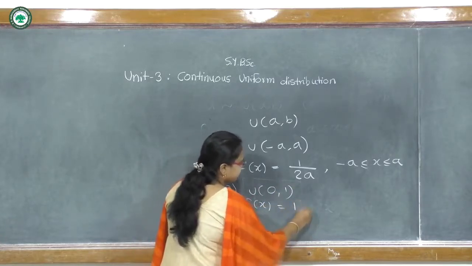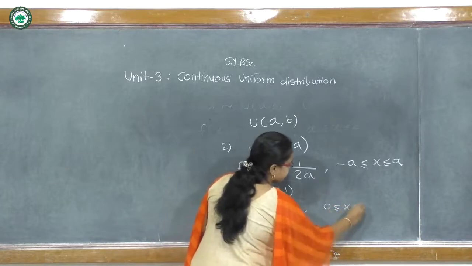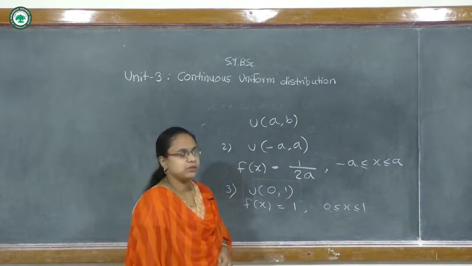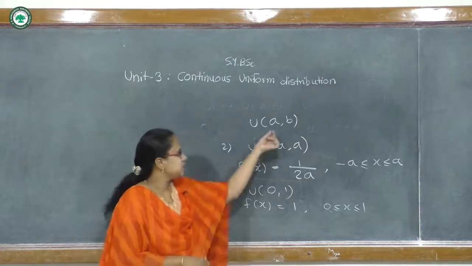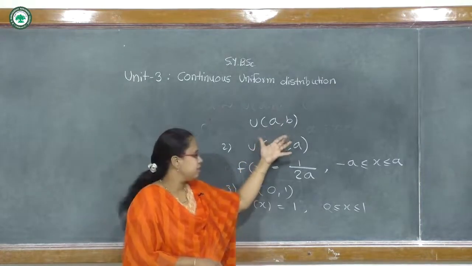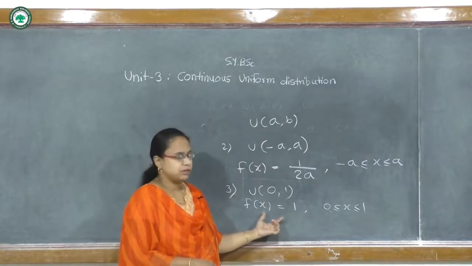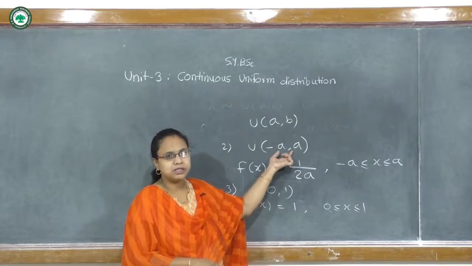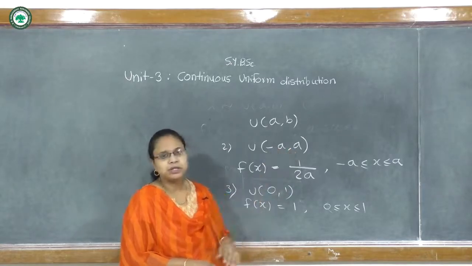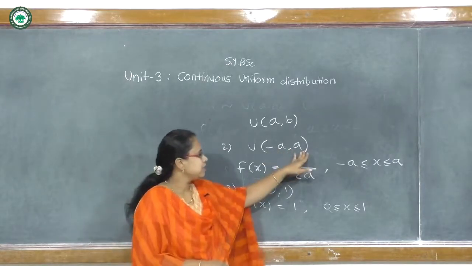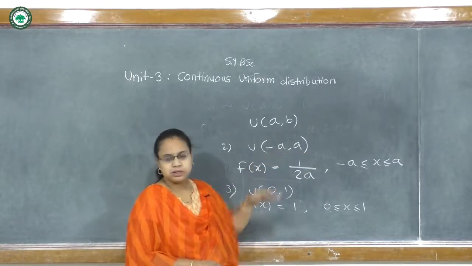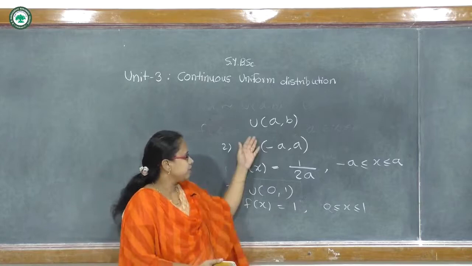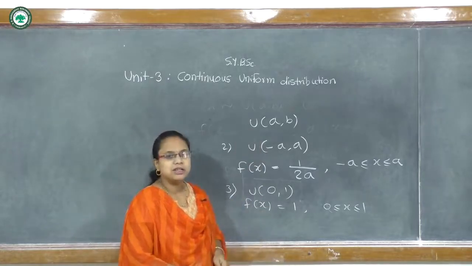This is also a uniform distribution. In this way, by changing A and B, we can write many forms of uniform distribution. Note that these parameters are integers and they can be positive or negative, but the second is greater than the first. So these are the different kinds of uniform distribution.